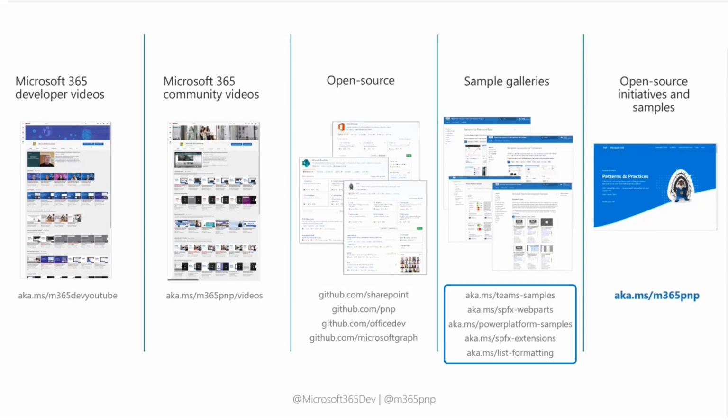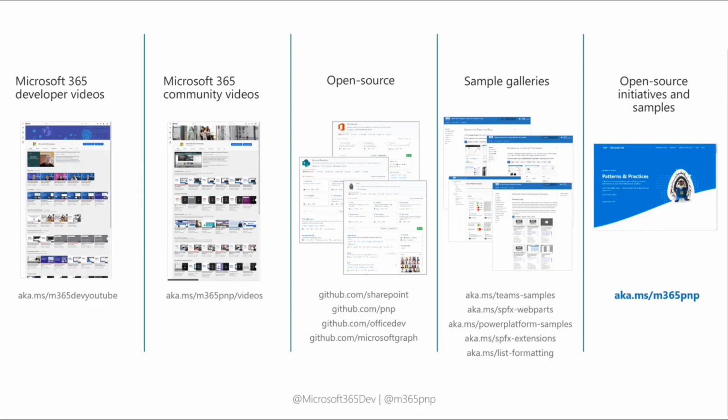Since accessing samples and information from GitHub is a bit of a difficult thing, we've wanted to make it easier for you to find what's available as a sample. So we do have multiple individual sample galleries available for you. And there's another slide coming up relatively soon. We are closing in on the actual publishing of our unified Microsoft 365 sample gallery, which will help you find what's available.